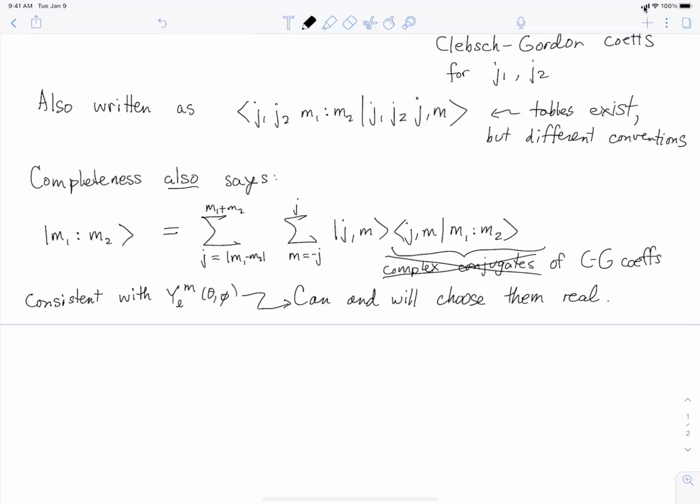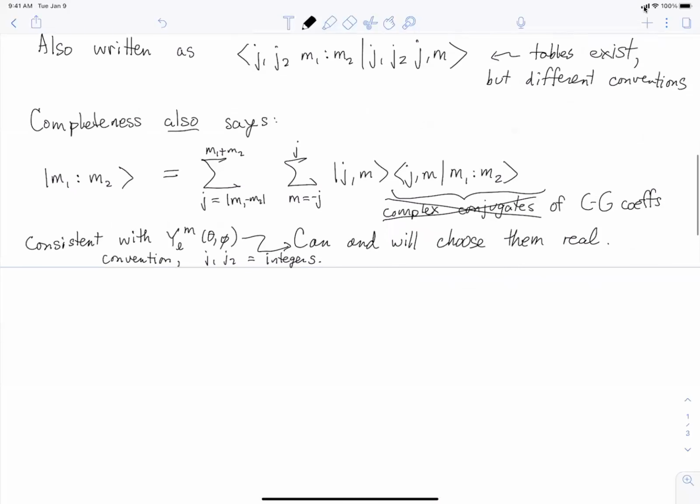So that's another convention. And when we chose that convention, we were actually looking ahead a little bit. The place where this comes into play is if J1 and J2 are both integers. Okay, so everything works. You choose your YLMs according to the convention we chose, and then the Clebsch-Gordon coefficients are going to be real.